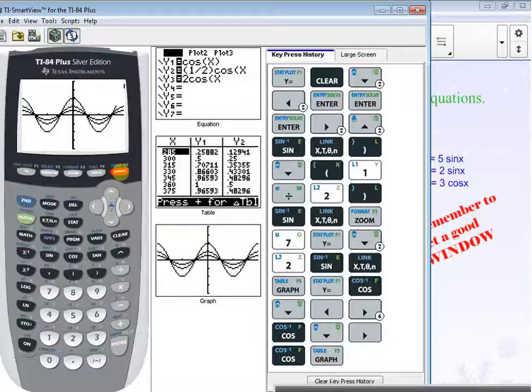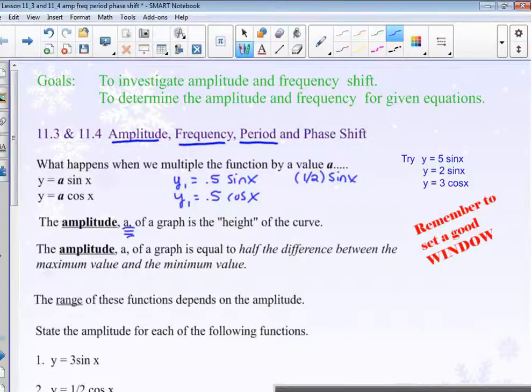So you should see that it's definitely changing the height. If you think about amplitudes with music, they make it louder or softer. So there's definitely a relationship there.